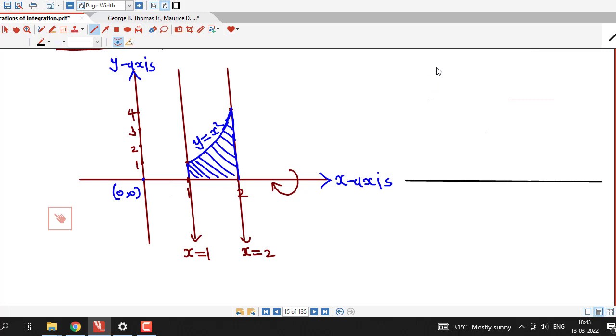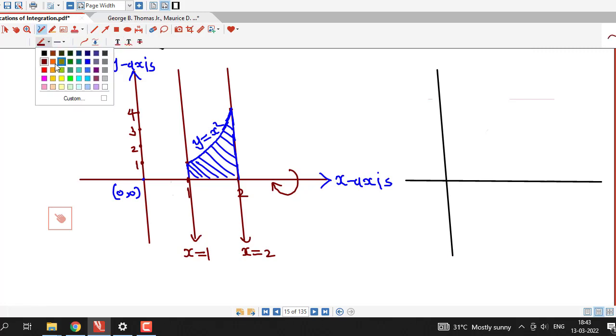So suppose we have this x-axis and y-axis, and we have to rotate this region shaded by blue lines about x-axis. So this much distance is 1, this is 2, and we are rotating the region between these 2 points.